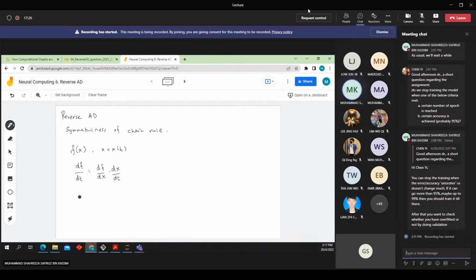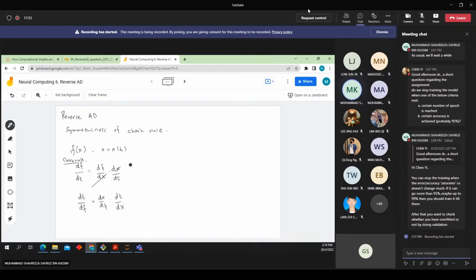If we can do this, then we can flip it over. So this will be dx/df times dt/dx. In this way, as in the first chain rule, it's as if you're canceling these terms, but of course we are not canceling those terms.